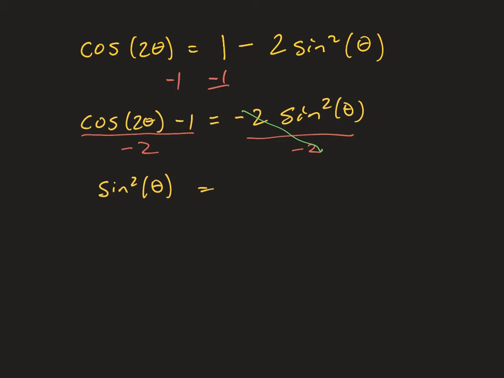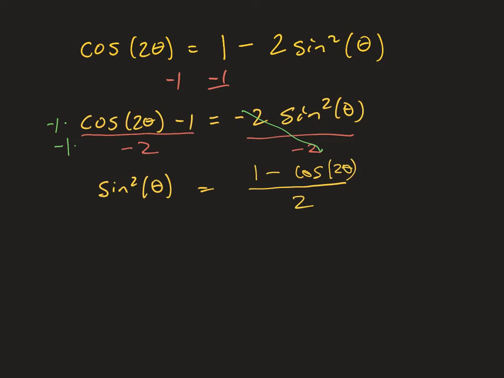So I'm going to multiply the top and bottom by negative 1 in the process. That gets rid of the negative 2 in the denominator. Turns it into a 2. And then what it does is it basically switches the order of the cosine 2 theta minus 1, and it becomes 1 minus cosine 2 theta.